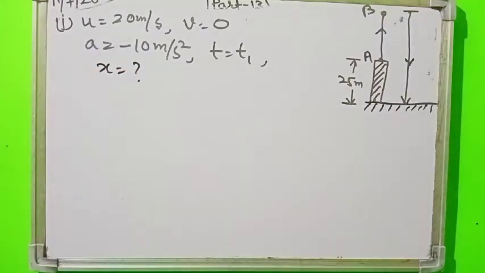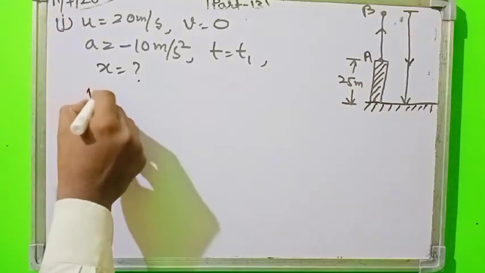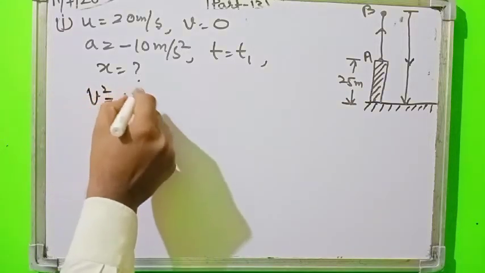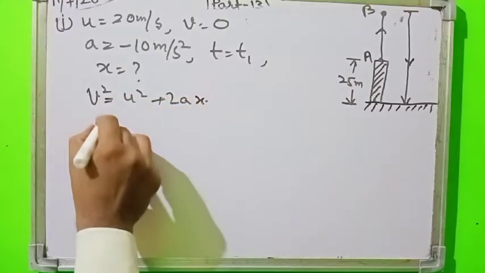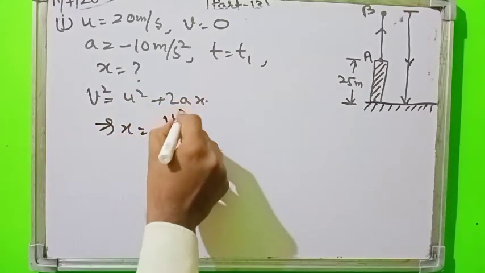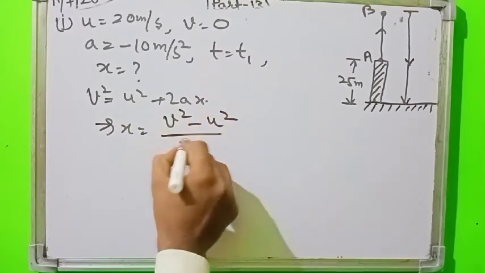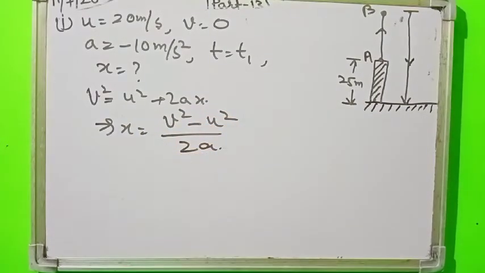So v square equals u square plus 2ax. From here, x is equal to v square minus u square upon 2a.